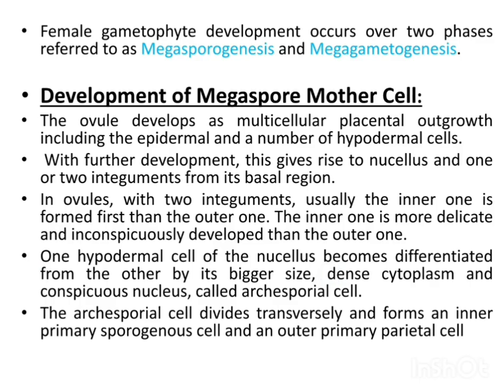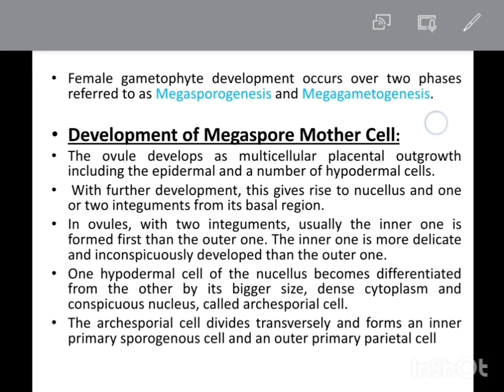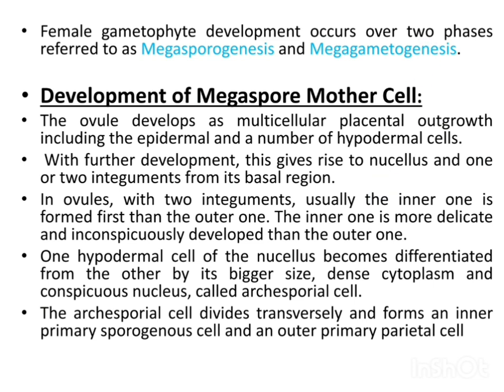Next, the female gametophyte development occurs in 2 phases: megasporogenesis and megagametogenesis. The ovule develops as a multicellular placental outgrowth, including epidermal and some hypodermal cells. In the nucellus, some hypodermal cells become specialized to form the archesporial cell.